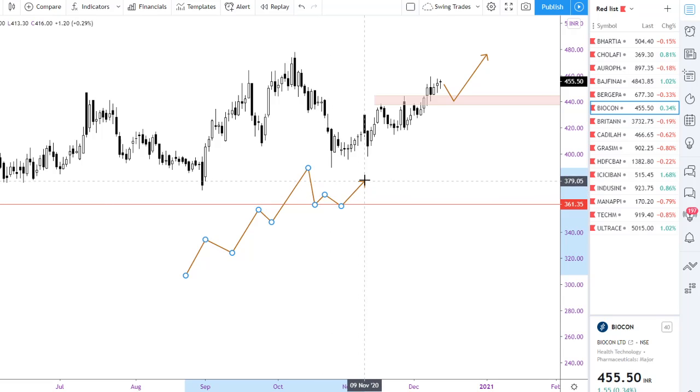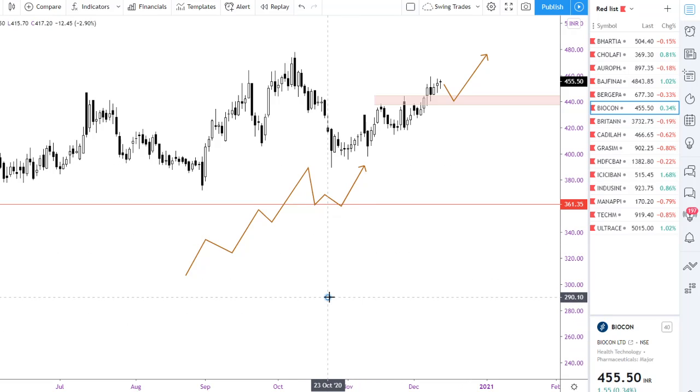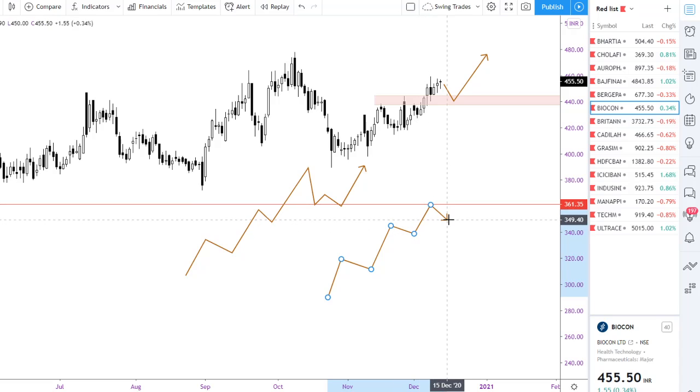Only if the price does something like this, a weaker reaction to this level from the bears, then we are going to look for a first trading entry, first buy opportunity, and look for a trend continuation.